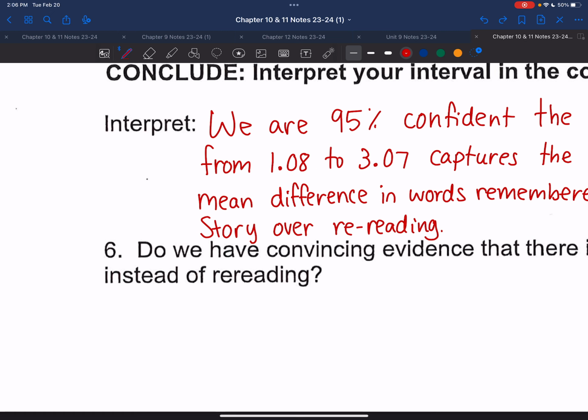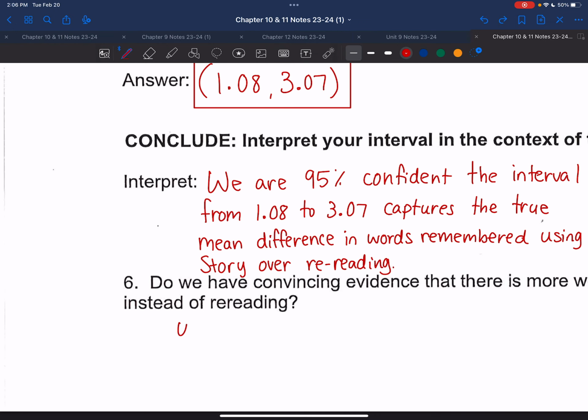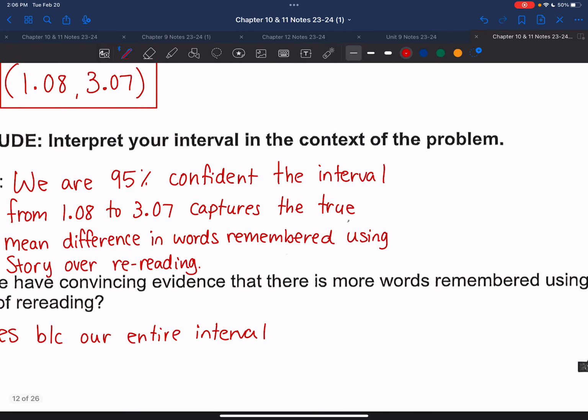All right, so do we have convincing evidence? Yes. Because our entire interval is above 0.